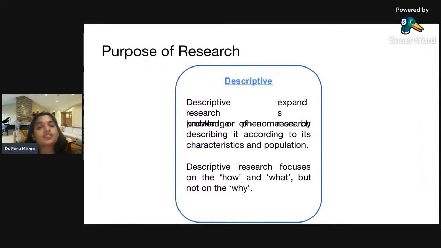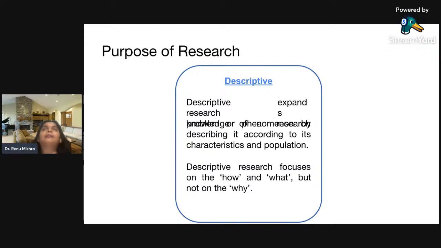Then comes descriptive. Basically, descriptive is a combination of explanatory and exploratory both. So you are understanding about AI, what aspects of business it introduces changes to, and also why it does so. When you're talking about descriptive research, you basically have questions explaining the what part of the problem and the why part of the problem.